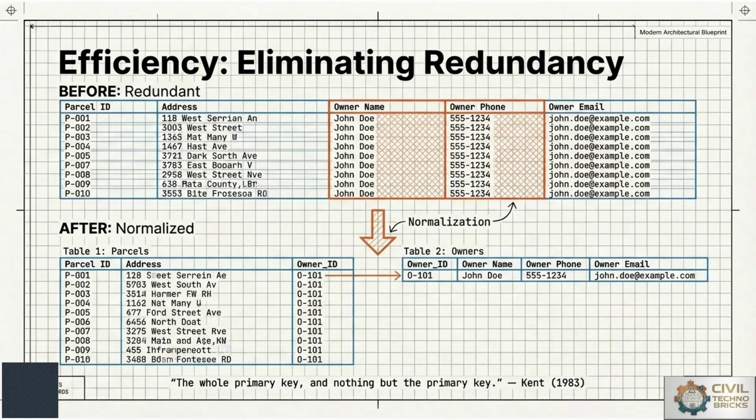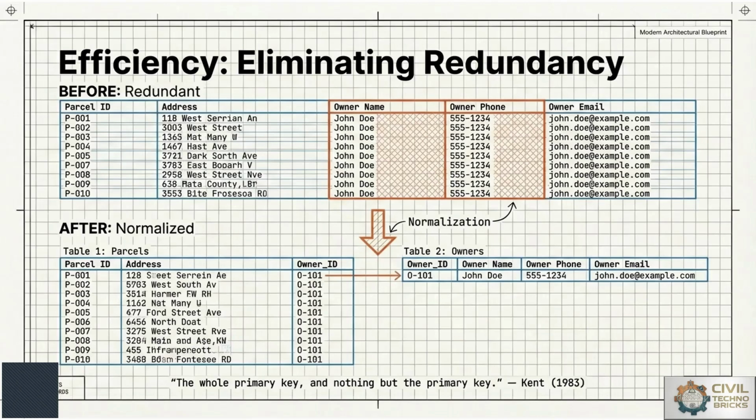The after, which is the normalized data section, has parcel data and owner details separated into different tables using a common owner ID. This method stores repeated information only once and links related records efficiently. So normalization improves database accuracy, reduces storage requirements, simplifies updates, etc. It helps to manage large spatial and attribute datasets effectively.